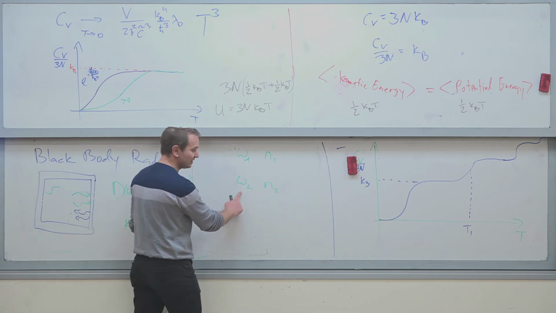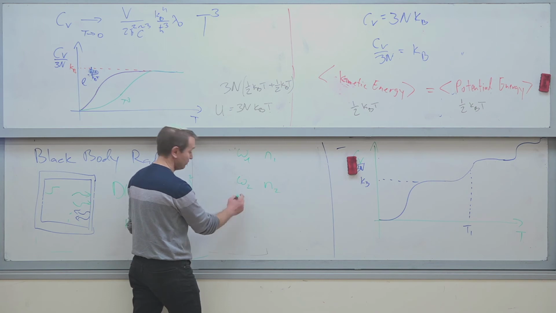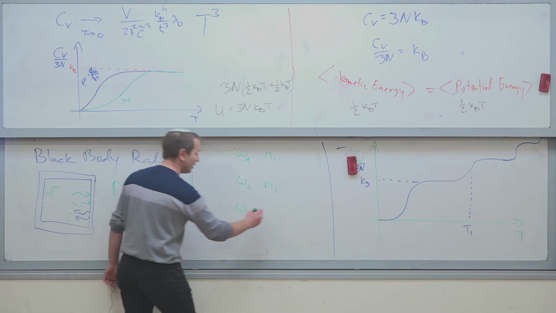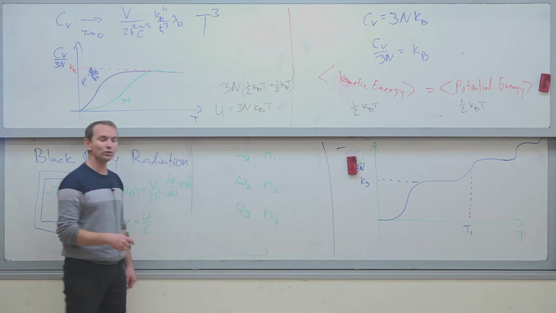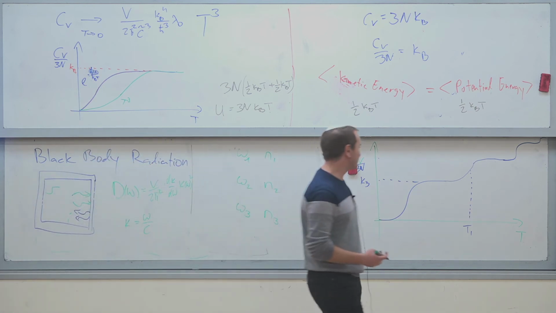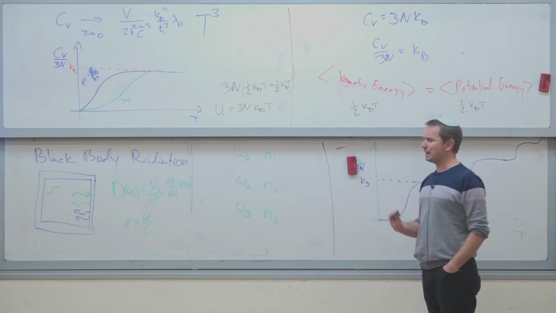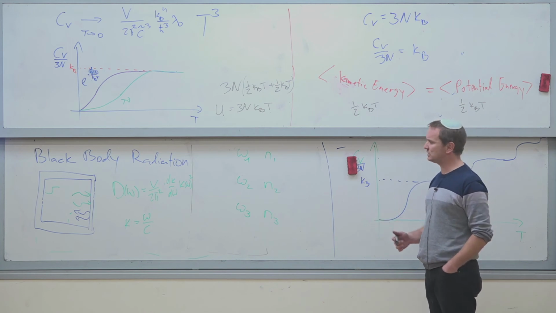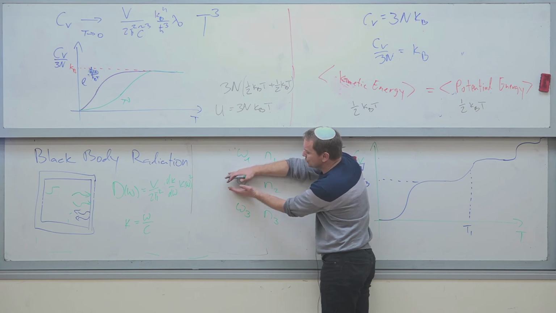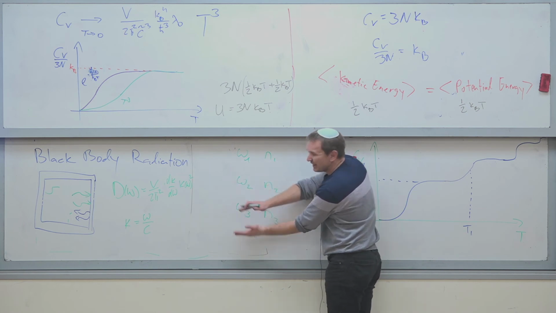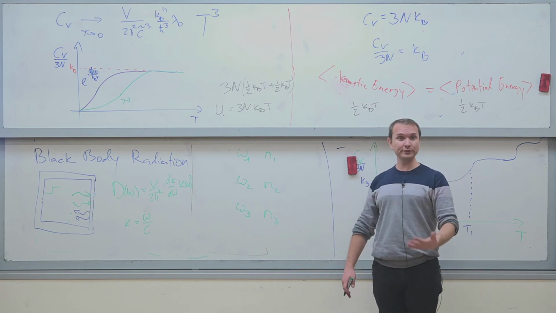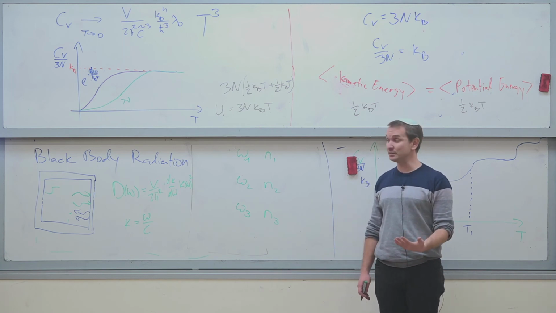The total energy of photons that have frequency omega 3, there are N3 photons with this specific frequency. Now, I'm saying that the total energy is all the photons with omega 1, all the photons of omega 2, all the photons with omega 3, etc. I have to sum up over all different omegas that are in the system.